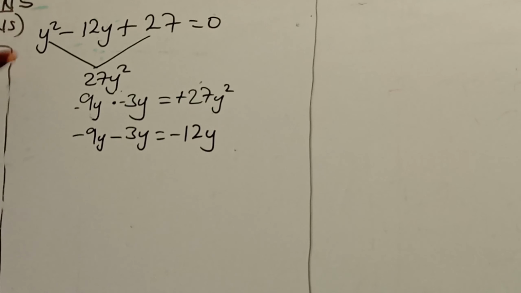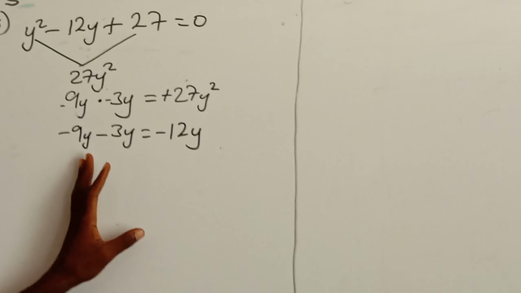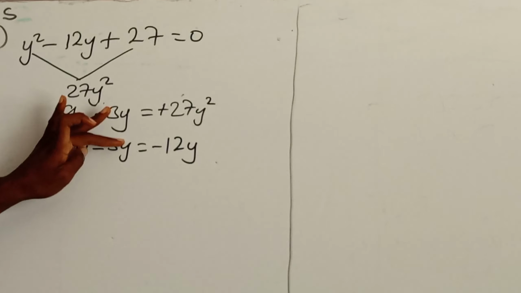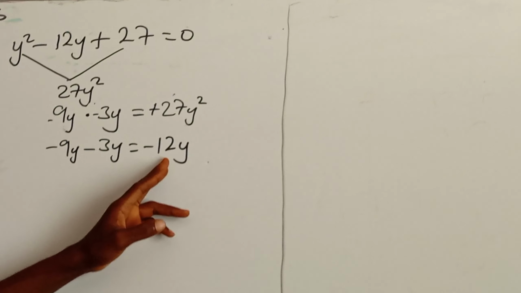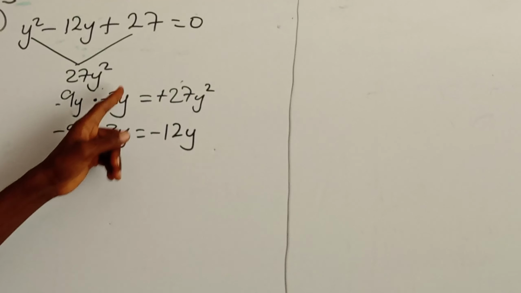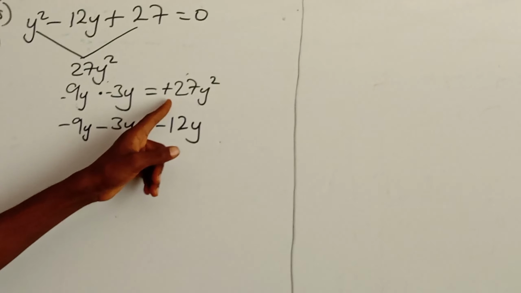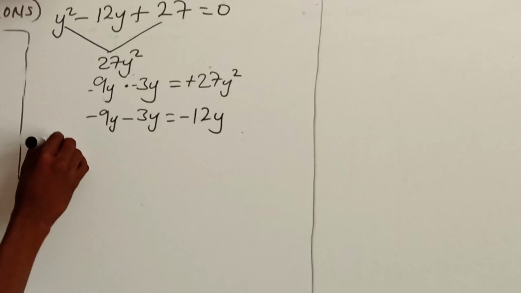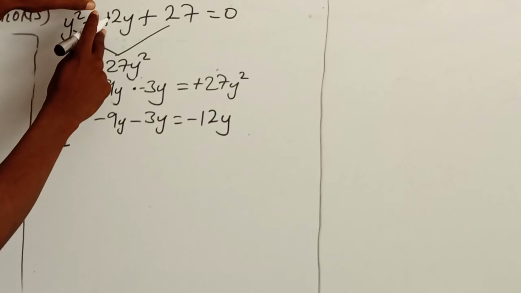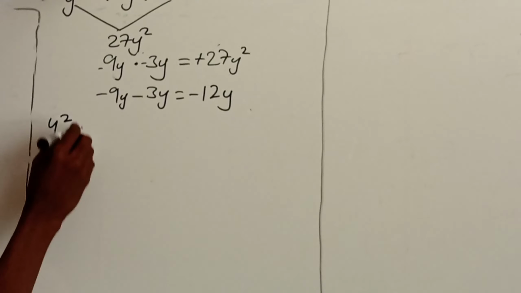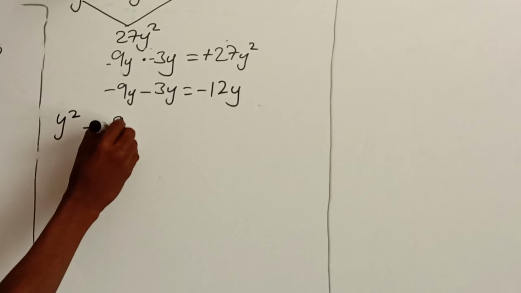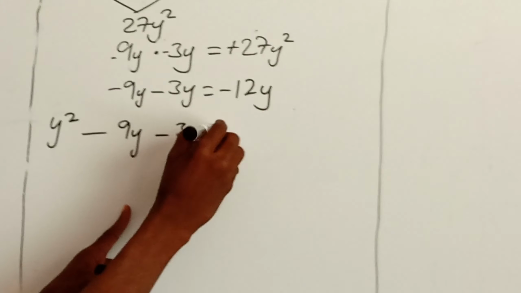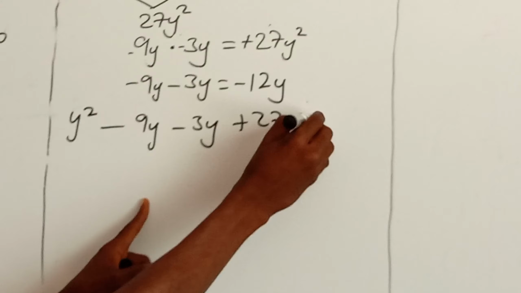So these are the factors, because when we add or subtract, it will give us minus 12y. But when we multiply also, it will give us the product, which is 27y square. So you say y square, forget about this minus 12, right? So you consider y square minus 9y minus 3y plus 27 equals 0, right?